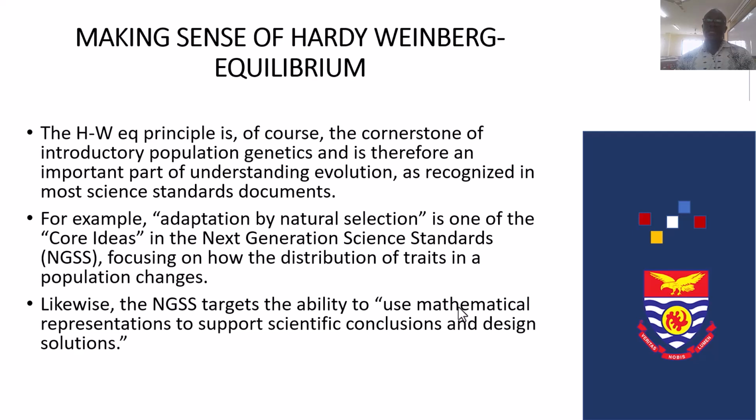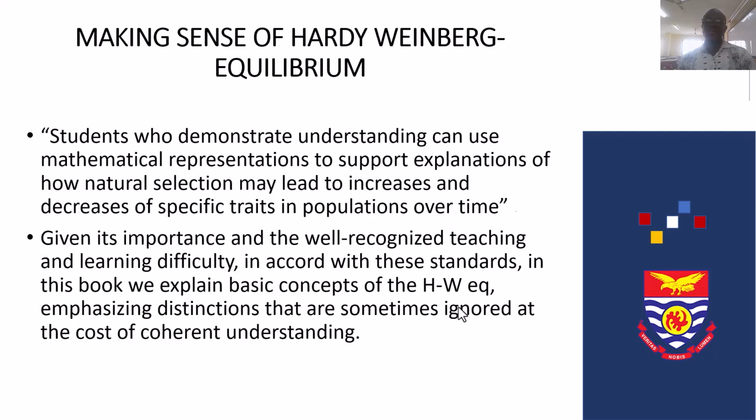Likewise, the Next Generation Science Standards targets the ability to use mathematical representations to support scientific conclusions and design solutions. Students who demonstrate understanding can use mathematical representations to support explanations of how natural selection may lead to increases and decreases of specific traits in populations over time.